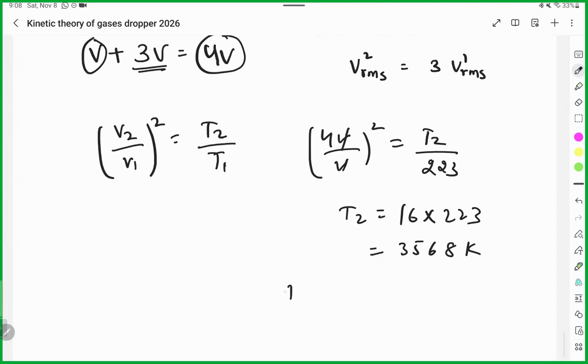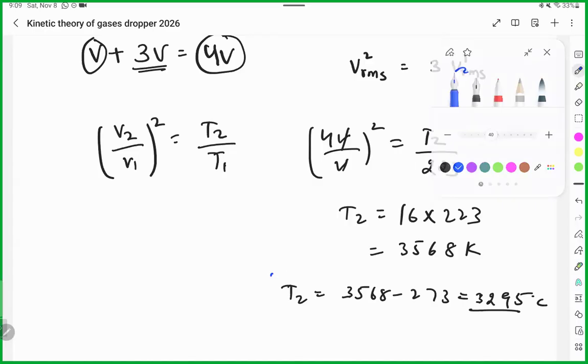This is the temperature, and in case of degree Celsius, you have to subtract 273. You will get the answer in degree Celsius. Tell me, is this the option given?